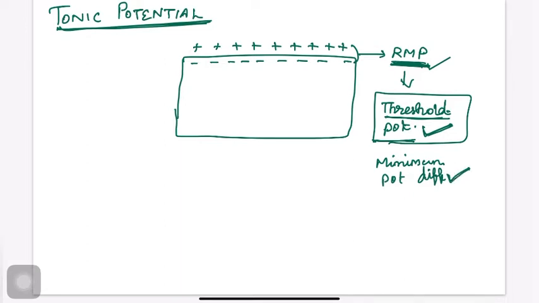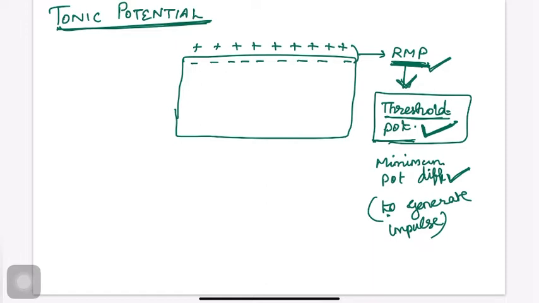What does firing a nerve or generating action potential mean? It means to generate an impulse. So the potential change in resting membrane potential till threshold potential is reached is called tonic potential.